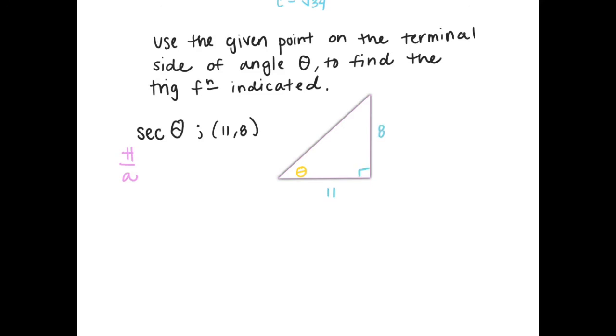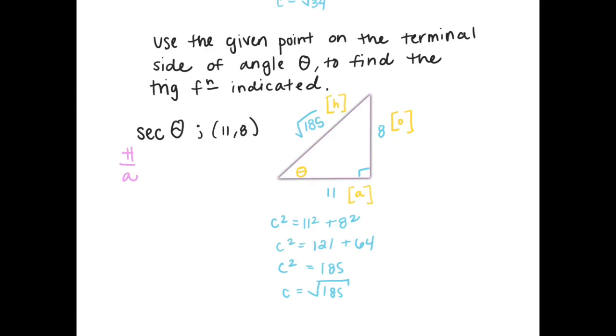So when I fill in the information we know, my horizontal distance is 11, my vertical distance is 8. That's not a special right triangle, so I'm going to have to do the Pythagorean theorem. When I do that, I find that c squared is 185, so my hypotenuse is the square root of 185. Let's go ahead and label my triangle. And now I can find the related ratio, which is the square root of 185 over 11.